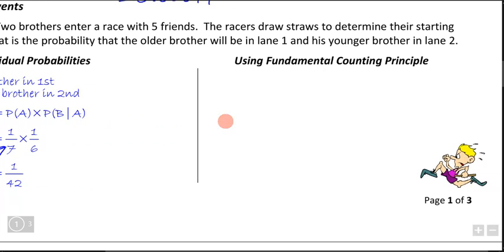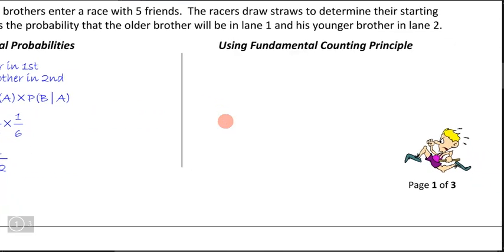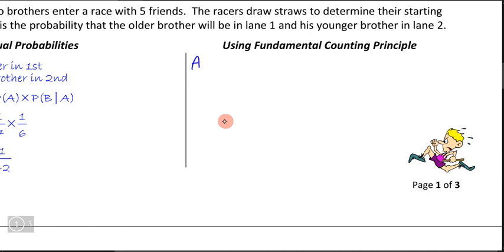If I'm going to use the fundamental counting principle, my event A is both the older and younger brother being placed in the first and the second position.